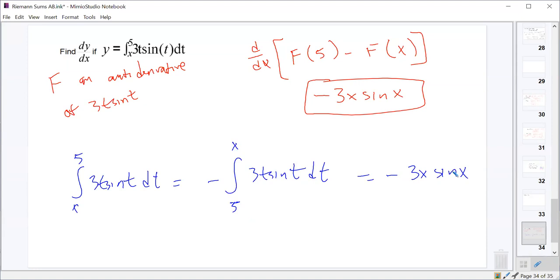So either way would have been fine. We can use the rule, or we can just write it out using the fundamental theorem of calculus part. Everybody good there or no? Yeah, all good. Cool.